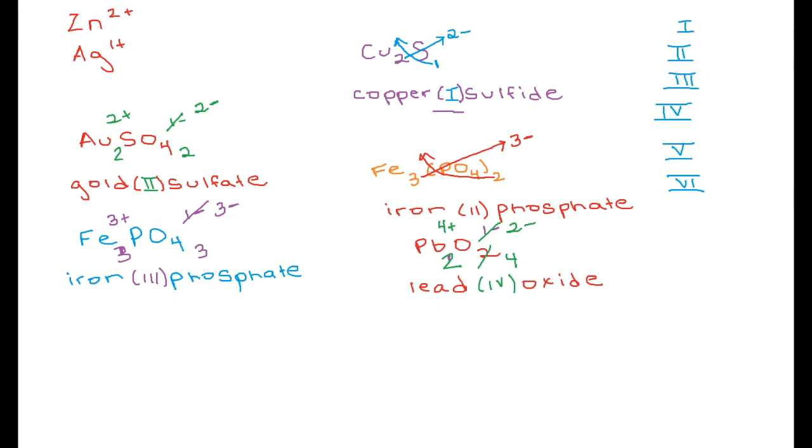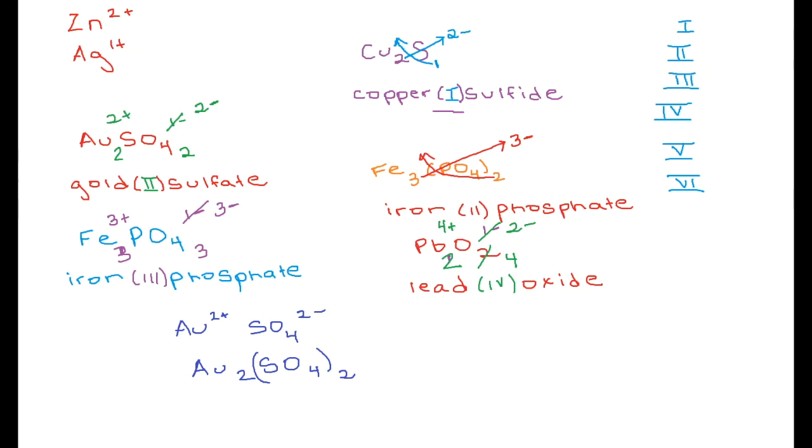Now, the good news is that writing the formula from the name is really easy. So for example, if I give you gold(II) sulfate, all you have to do is write Au with a 2 plus charge, sulfate with a 2 minus charge, cross your charges, and that would become Au2(SO4)2, because remember SO4 has to stay together, so I need parentheses to have 2 sulfates.